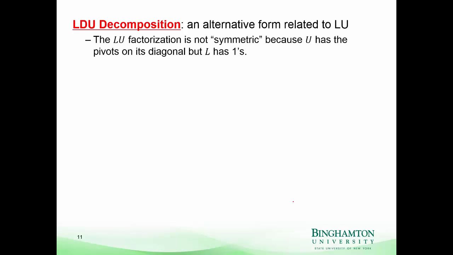Now, there's an alternate form called the LDU decomposition. This is motivated by the fact that the LU factorization is not, I put this in quotes, symmetric, because I don't want you to think about symmetric matrices. I just want you to think about the form of L and the form of U. Even though one is lower and one is upper, there's something else that's different about them, that's kind of asymmetrical about this.